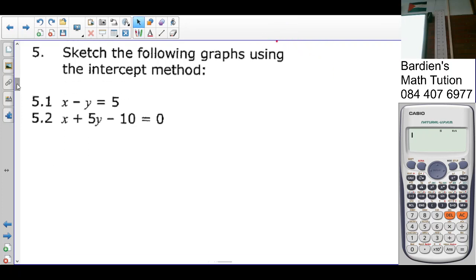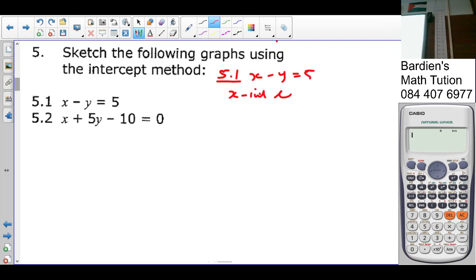Number 5, they ask you to sketch the following graphs using the intercept method. Do we need to write this in standard form? No, we don't. So for 5.1, we have x minus y equals 5. What do you do for x-intercept? Get y equal to 0. So we got x minus 0 equals 5, so x equals 5.